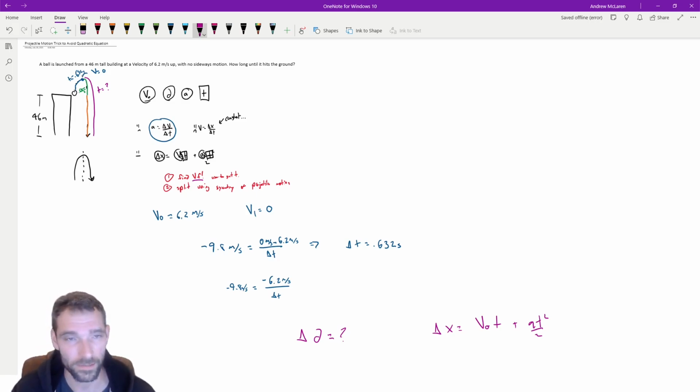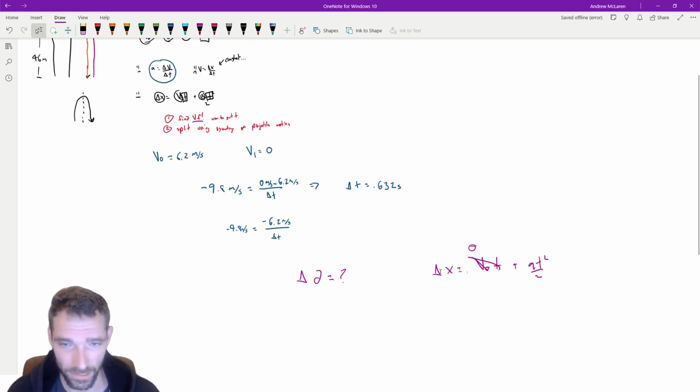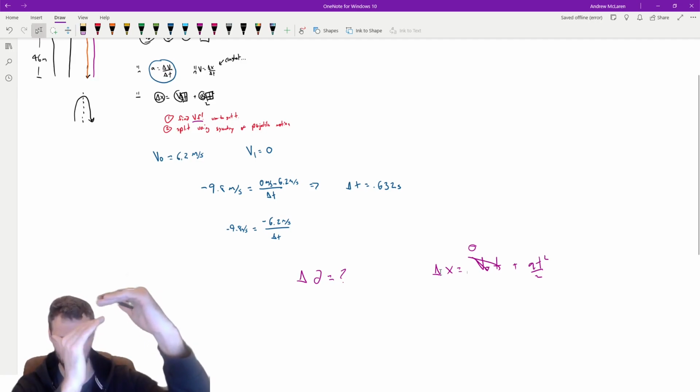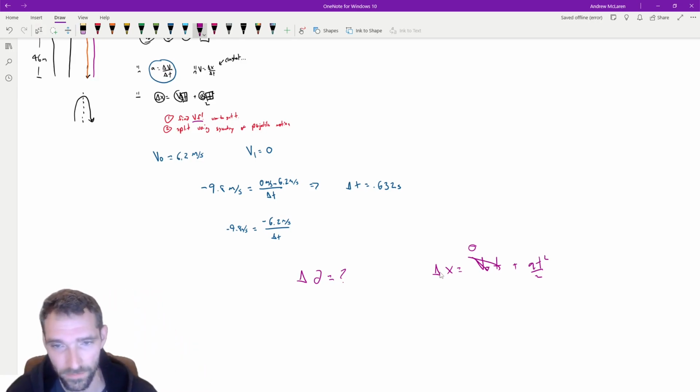But if we look here, the v naught for the purple motion is 0, meaning we don't even have to take into account that part of the formula. So we've avoided the quadratic now, if we have this change in distance. So we need to know how far we're falling. We know the acceleration. So if we have this information, which is something we can find, we know this acceleration, we should be able to solve for this t for it to go down.